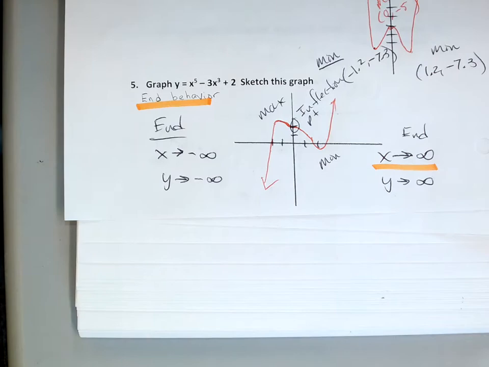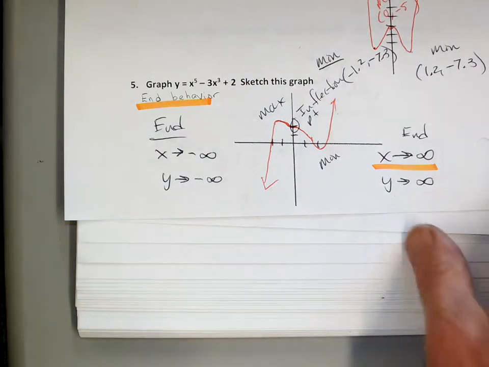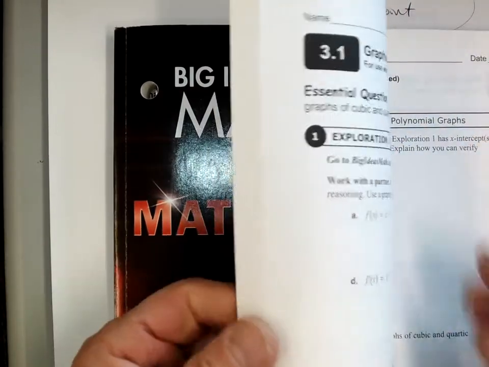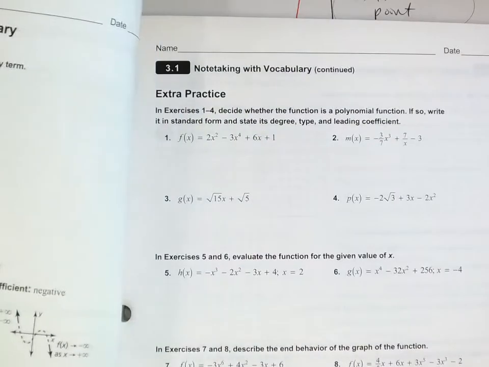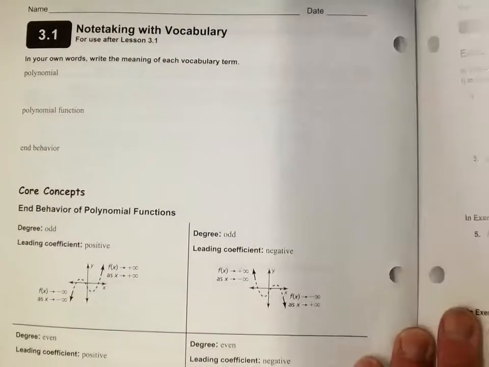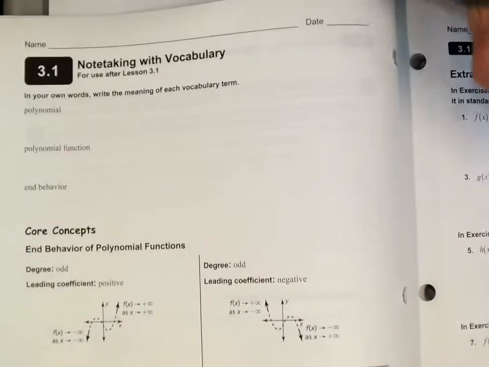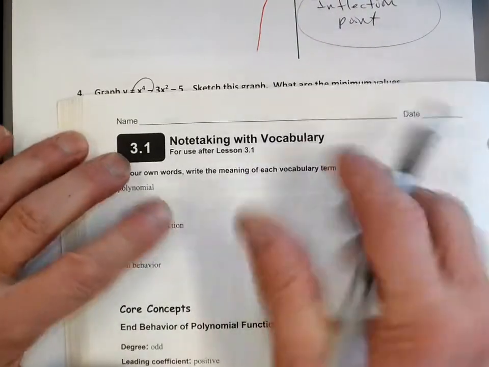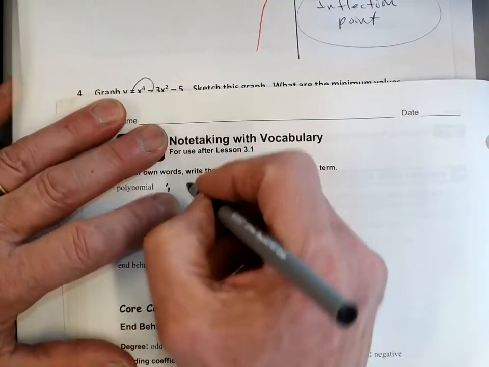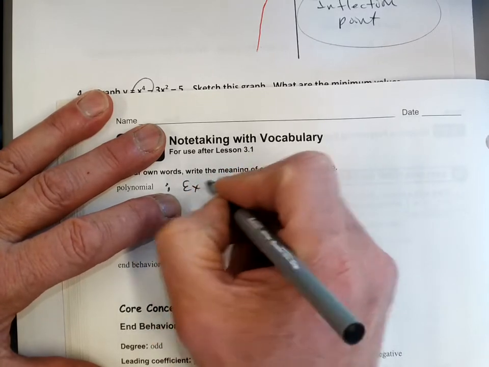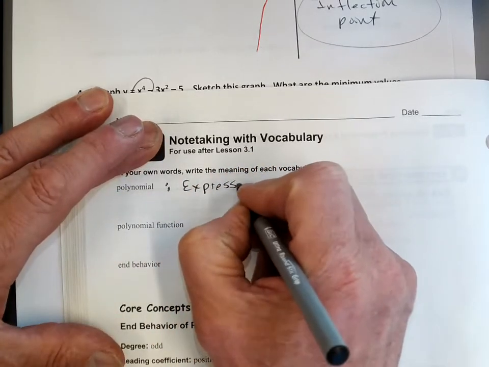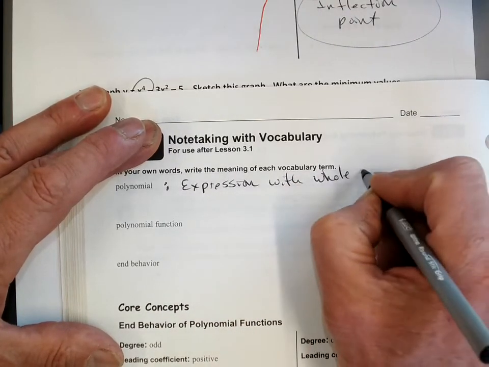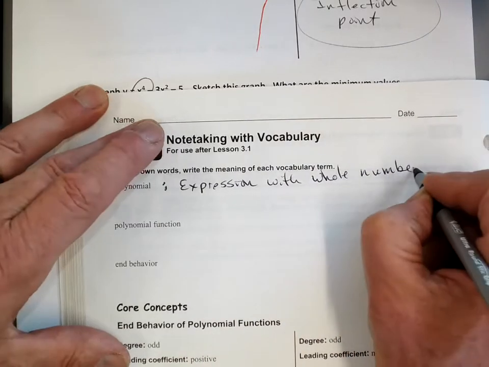Let's go back to our journals, okay? I want to talk specifically about what a polynomial is, so let's add some notes here. What is a polynomial? We're going to write this: it's an expression with whole number exponents.